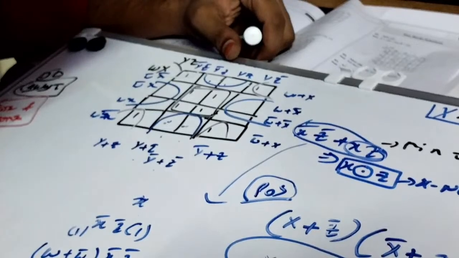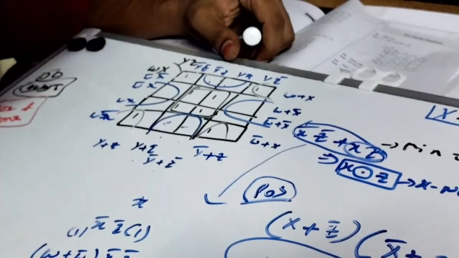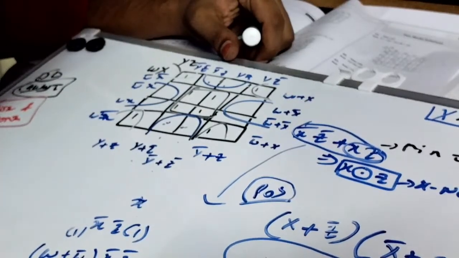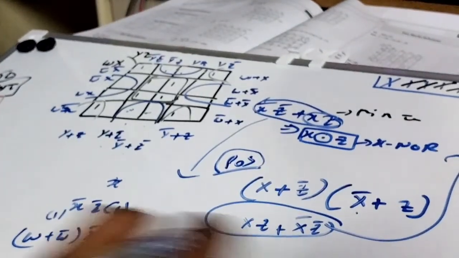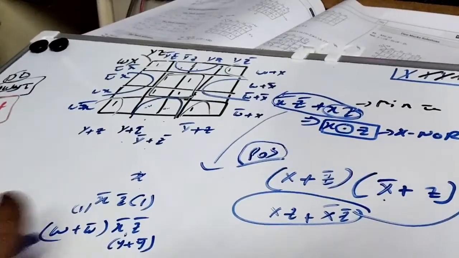Okay. W plus and W bar X bar Y plus Y bar into Z bar. All this we get.